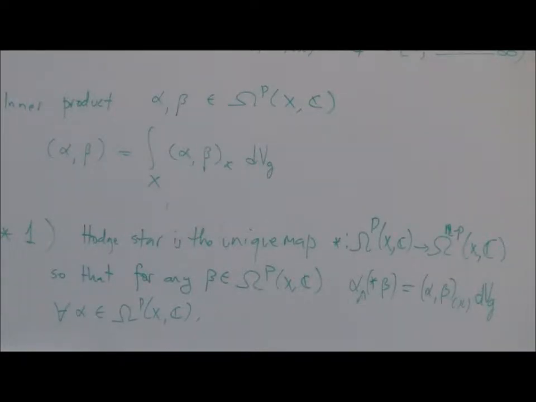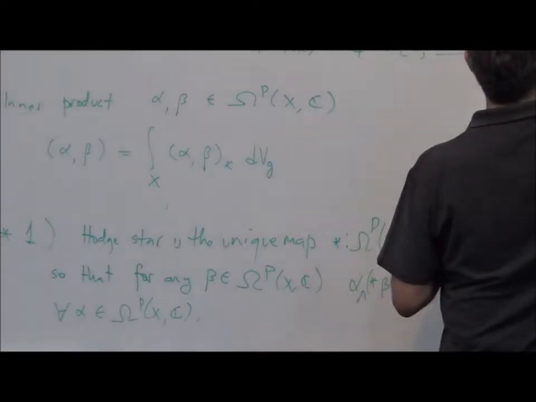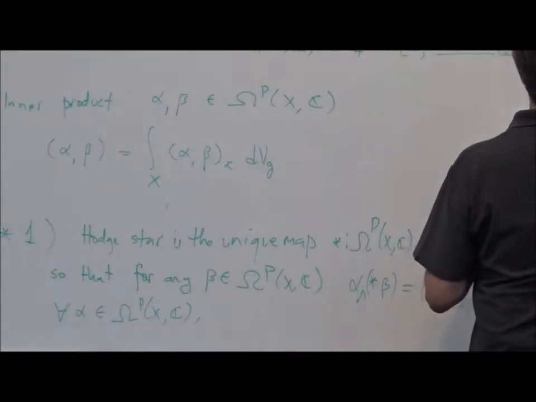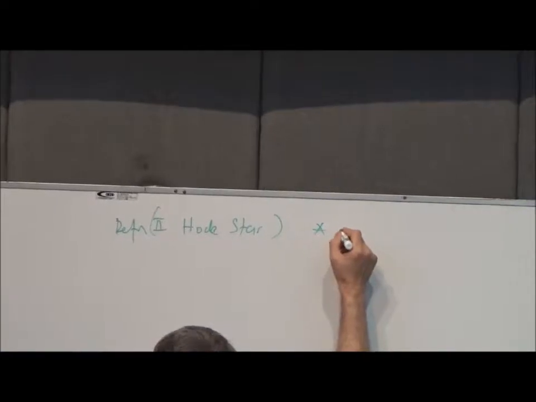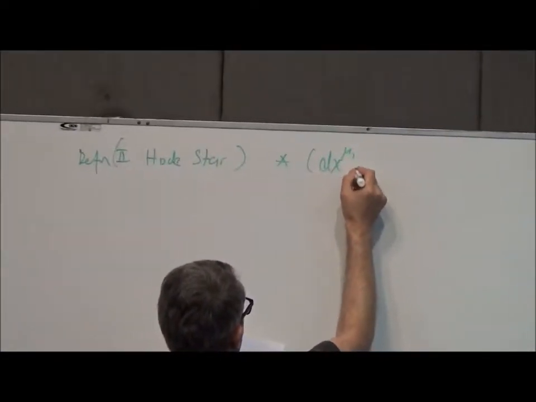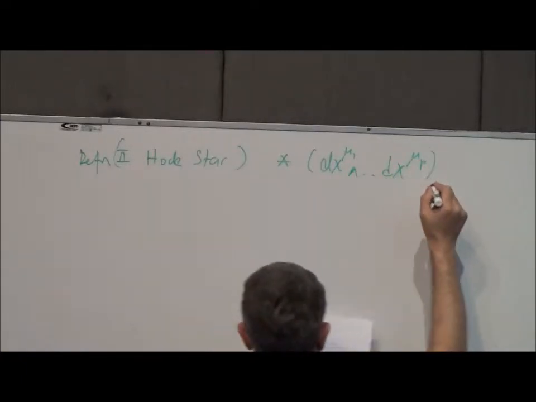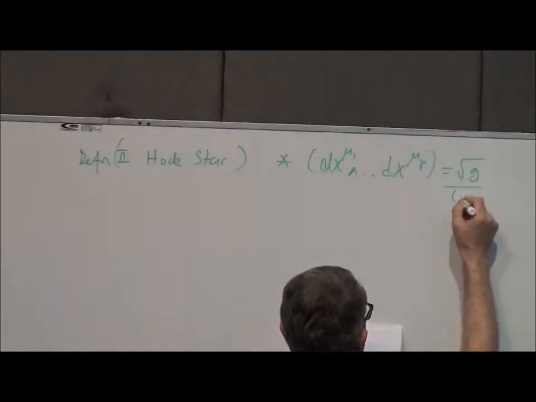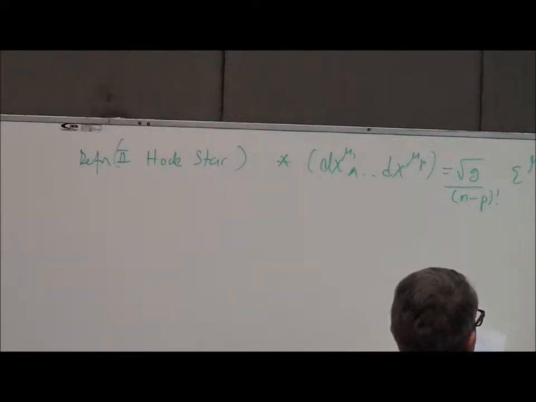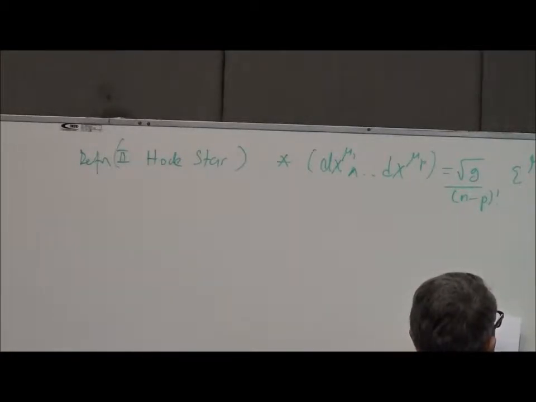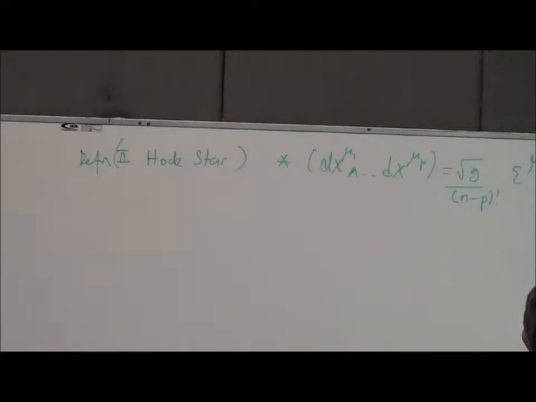Definition number 2. And that's given by star being the map which does the following: I have dx^mu1 wedge up to dx^mu p, then this is the same as the square root of g over (n minus p) factorial of epsilon mu1 to mu p, mu p plus 1 up to mu n, dx^mu p plus 1 wedge up to dx^mu n.